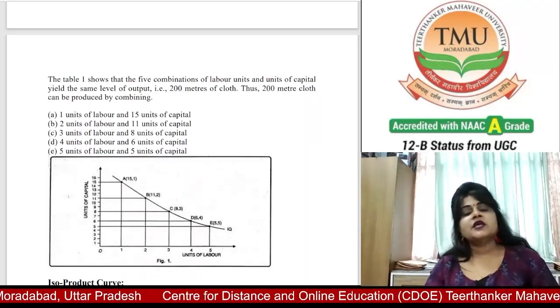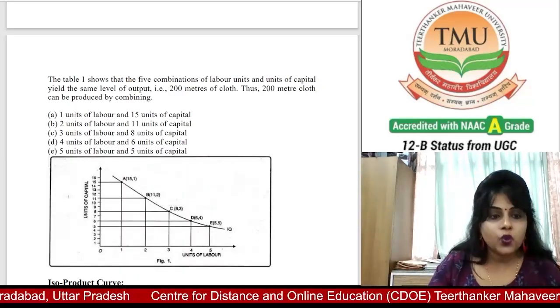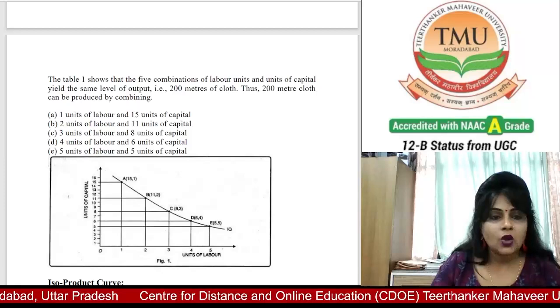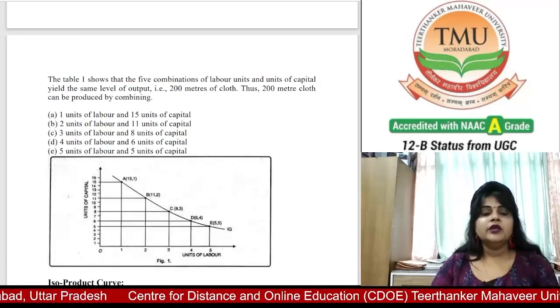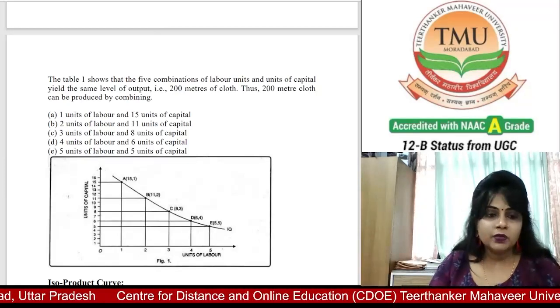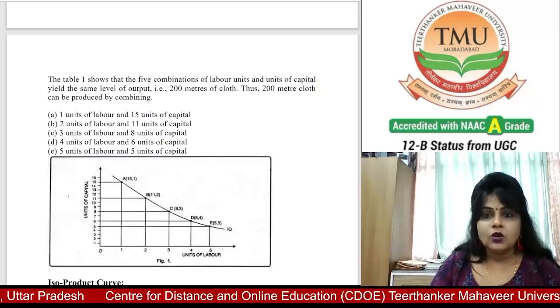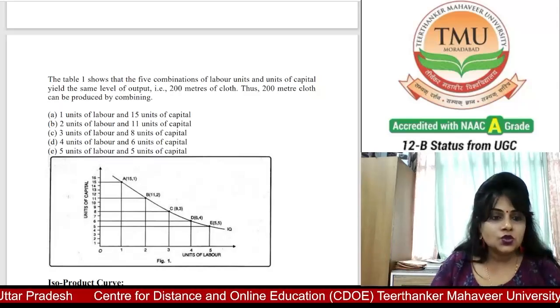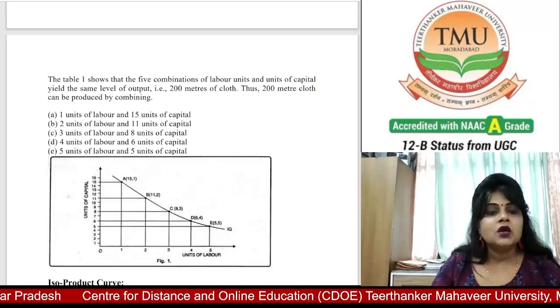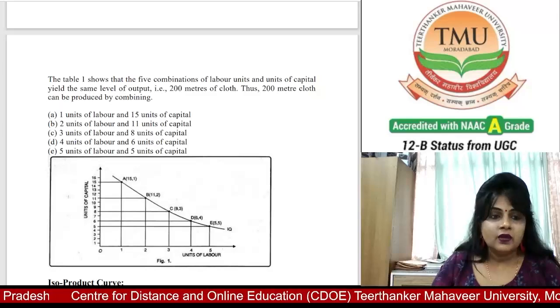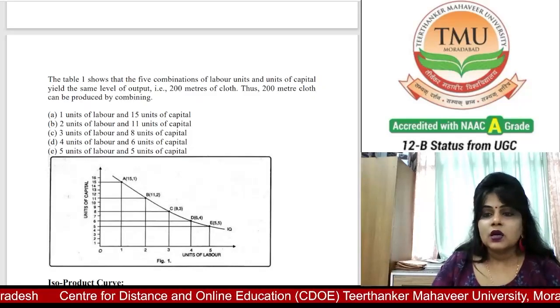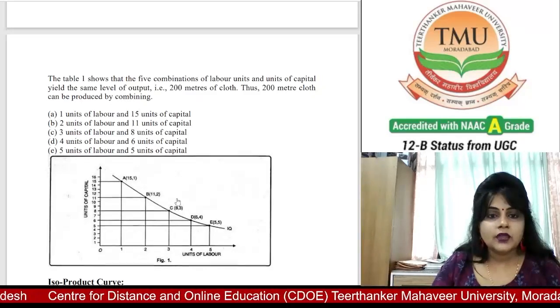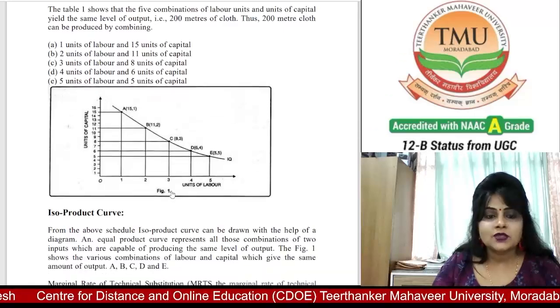So the IQ1 represented above yielded the same level of output, 200 meters of cloth X, using different combinations of L and K. I think you have understood what the isoquant is.